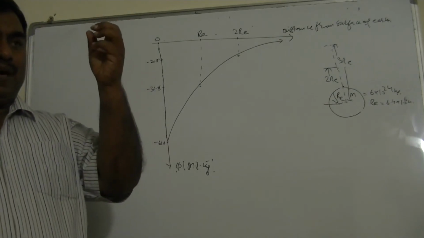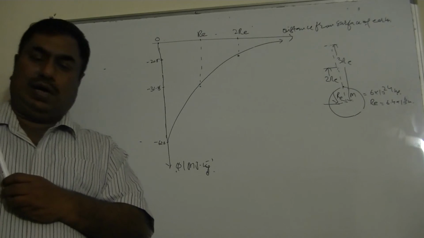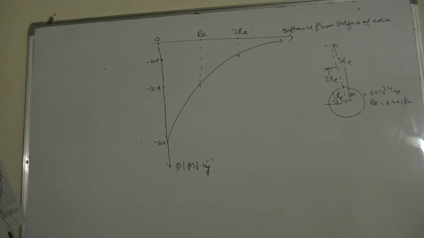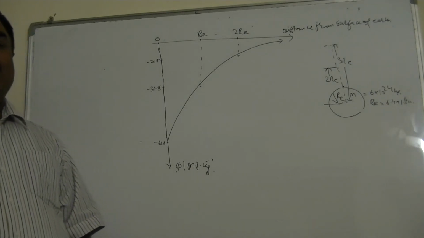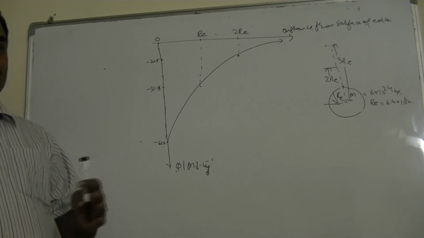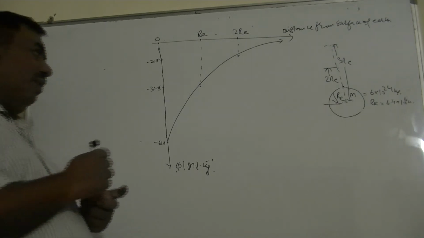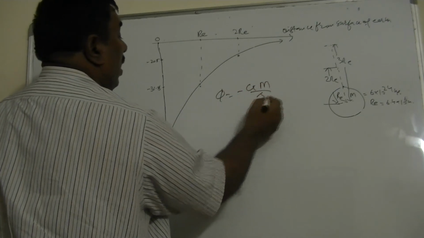So if a body is allowed to fall, it will be accelerating. In order to avoid that acceleration, an equal force must act in the opposite, upward direction, and the work done by that force must be negative because the displacement is down, so gravitational potential must be negative. The formula for the gravitational potential, you have to recall, is minus GM upon r.